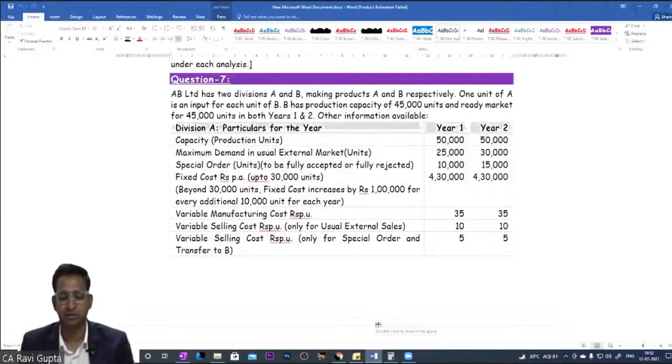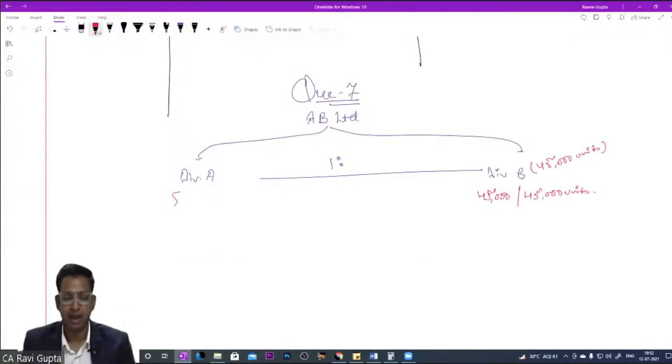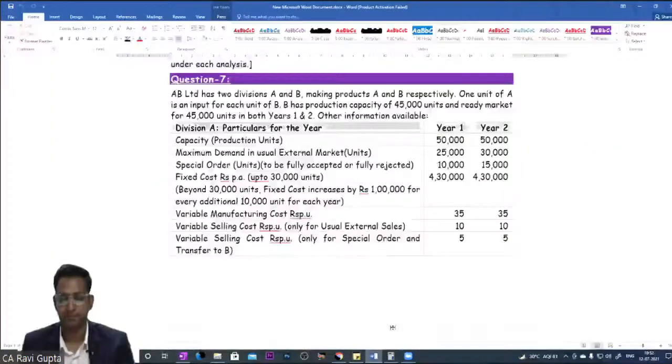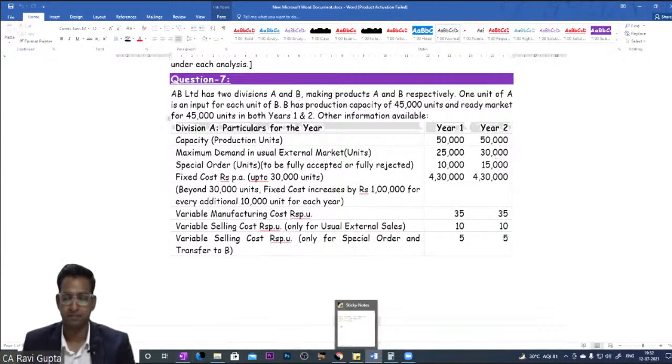Capacity of production in year 1 and year 2 of division A: it has the capacity of production of 50,000 and 50,000 units in year 1 and year 2. Fine. Maximum demand is 25,000, 30,000.